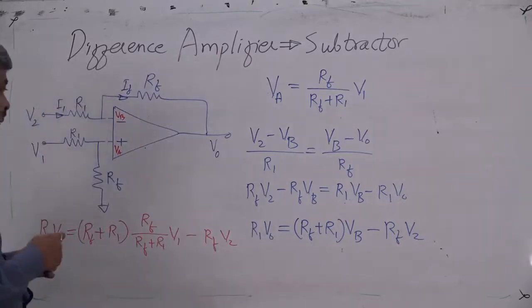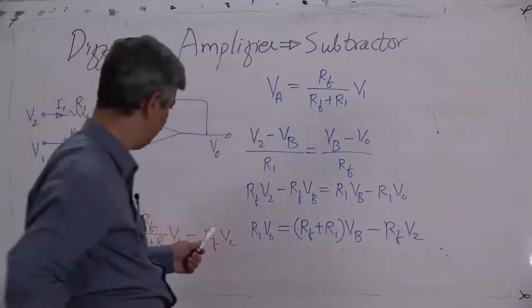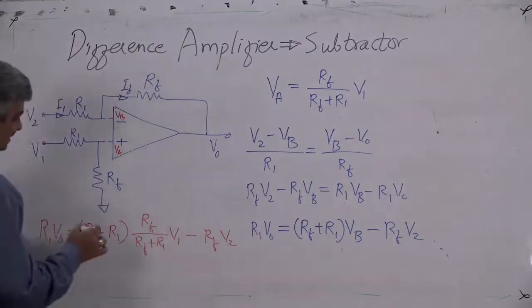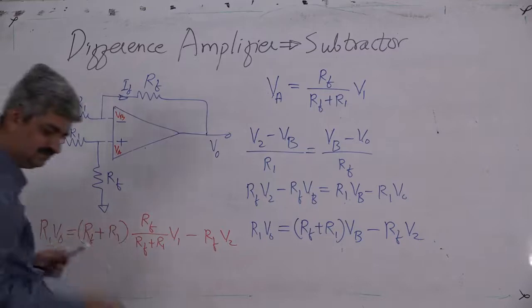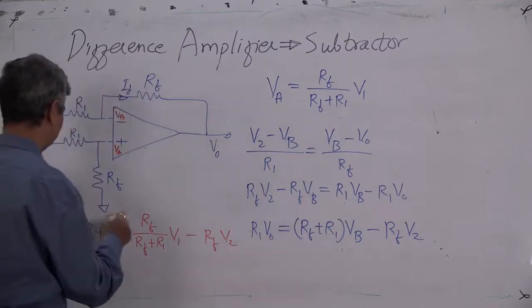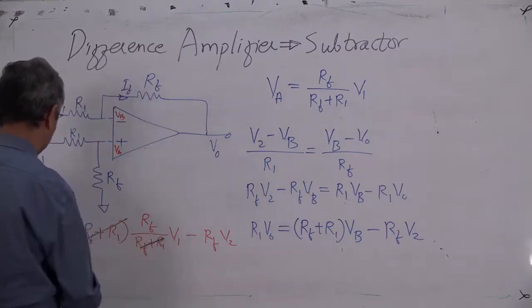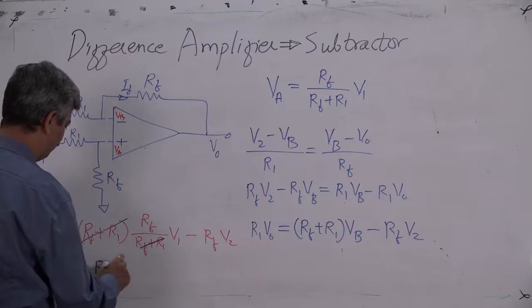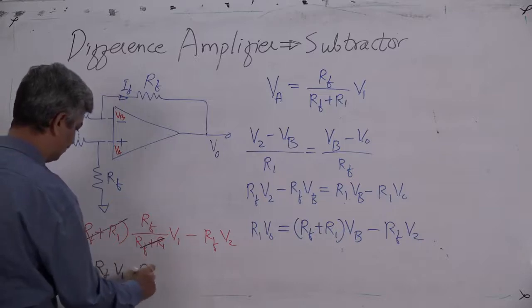And this is R1 VO. Now I simply scratch this. So R1 VO is equal to RF V1 minus RF V2.